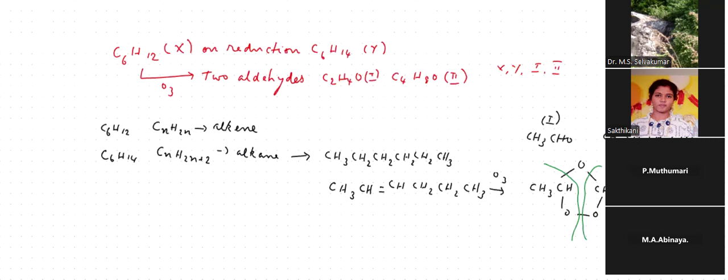So compound X is this, that is 2-hexene. Compound Y is hexane. And the compound 1 is acetaldehyde. And 2 is butyraldehyde. So the investigation has been done and we have arrived at the answer.